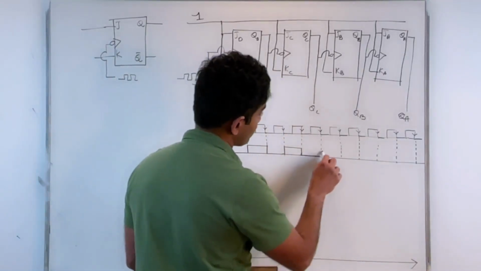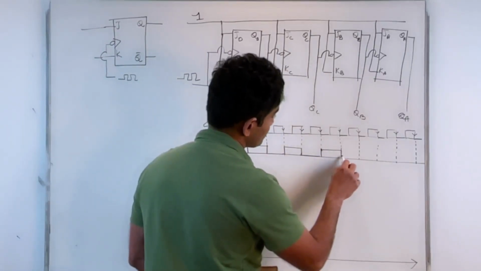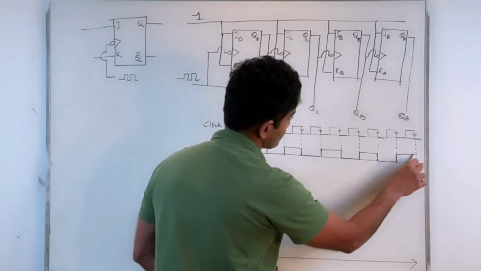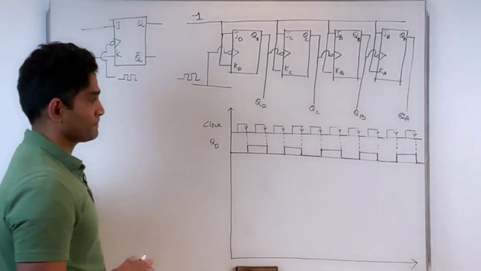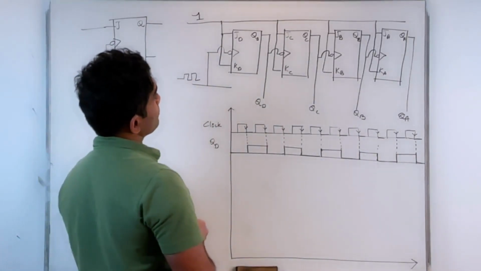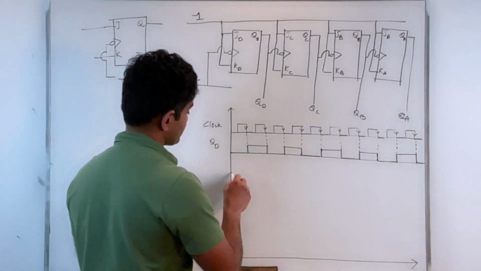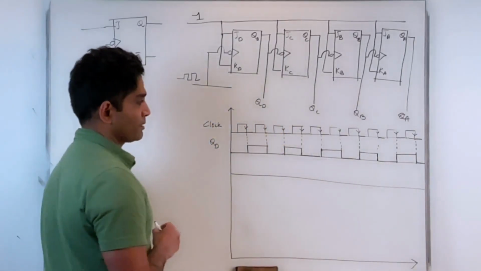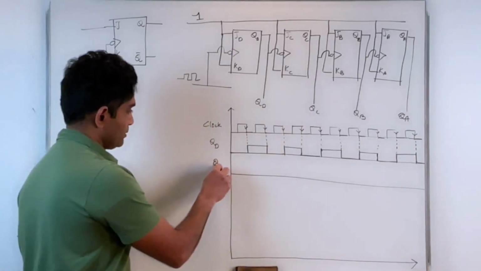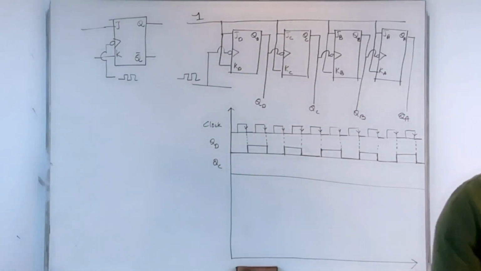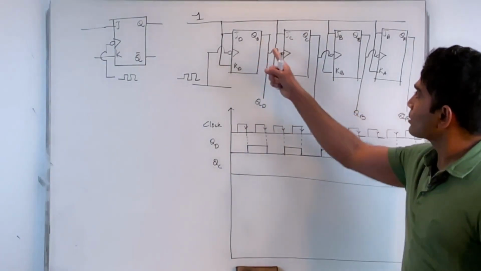And that's the waveform I'm going to get on QD. Okay. Now let's draw QC. That's going to be QC. Now, for QC, my QD is the clock.